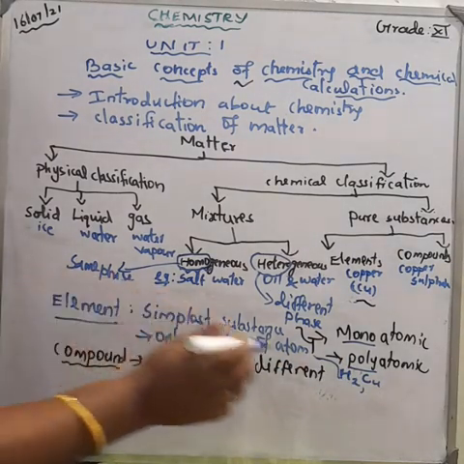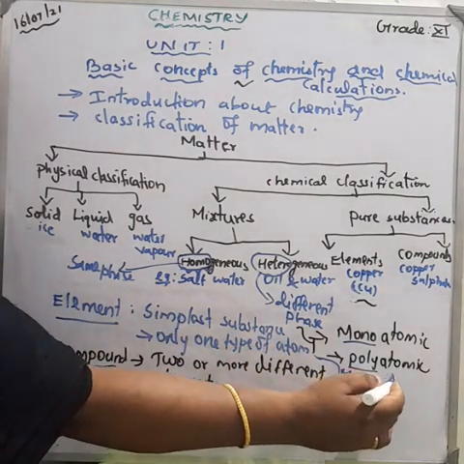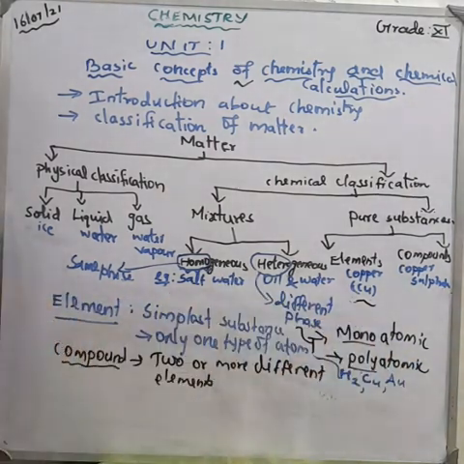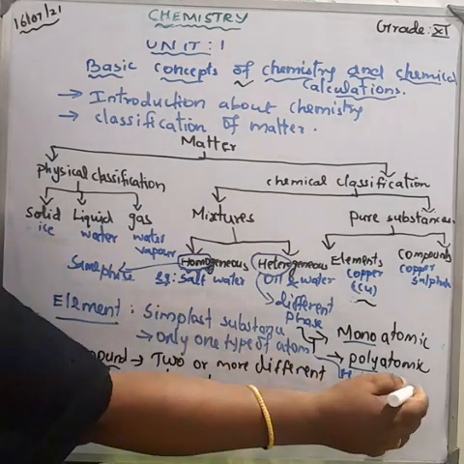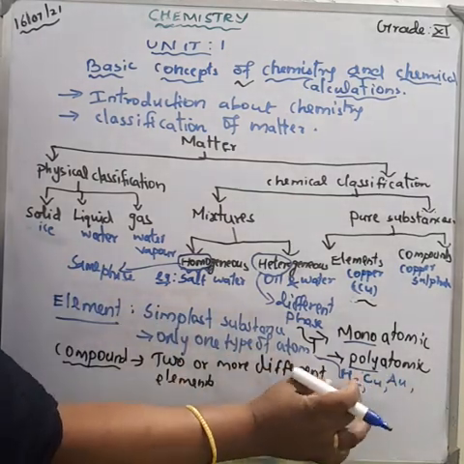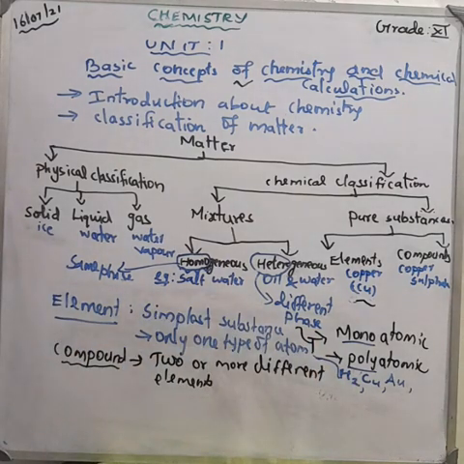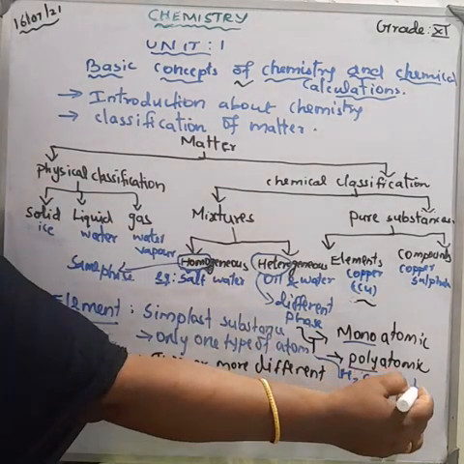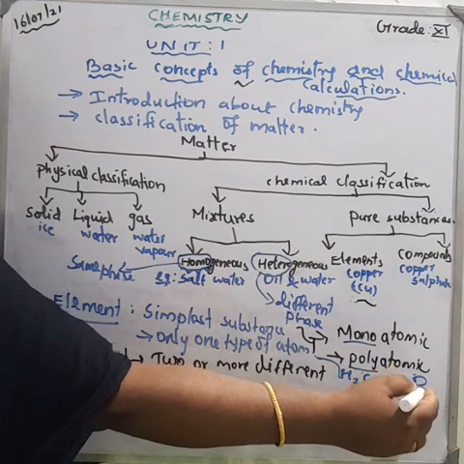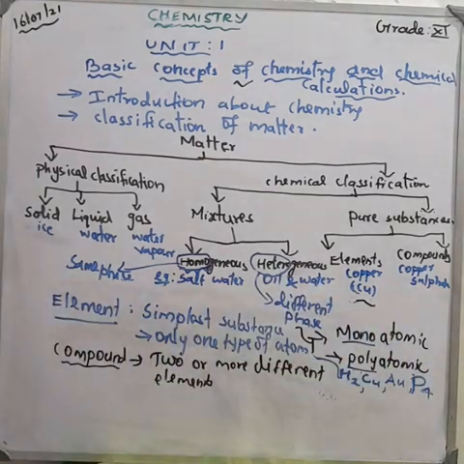Gold, Au, is also monoatomic. Understand? Hydrogen is polyatomic, or diatomic. And P4 is phosphorus. The phosphorus molecule exists as P4. The atomicity of phosphorus is 4.